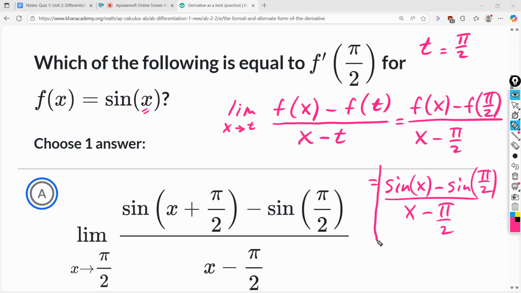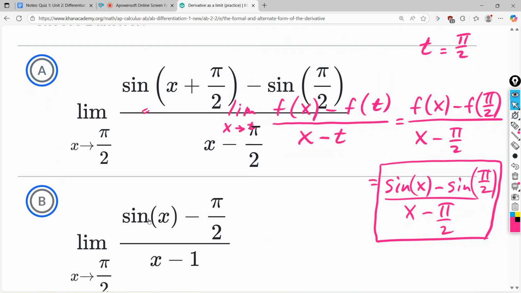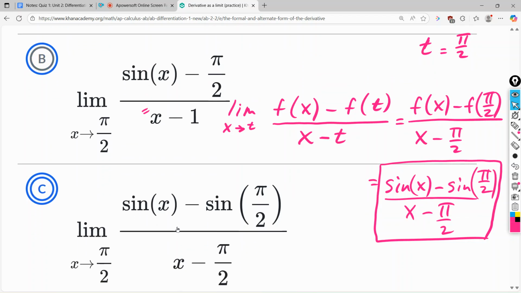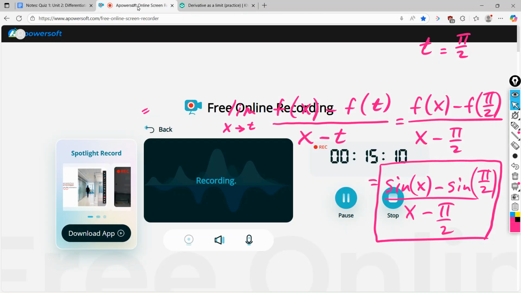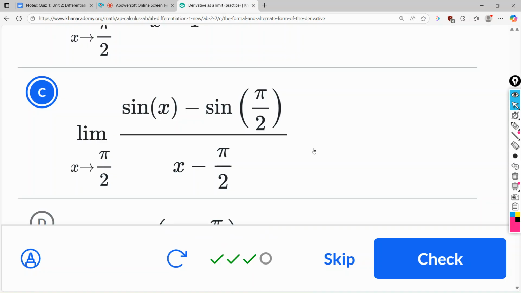Final answer. All right, so this is not it here. This is not it here. Sine x minus sine pi over 2, we got it. x minus pi over 2, we got it. Okay, and x approaches t, which is pi over 2. Answer C.